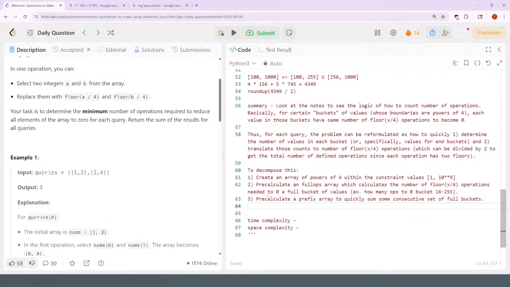So basically, for example, if you're dealing with a query, say 10 to 1000, which breaks down to... actually, let's say it's 2 to 1000.